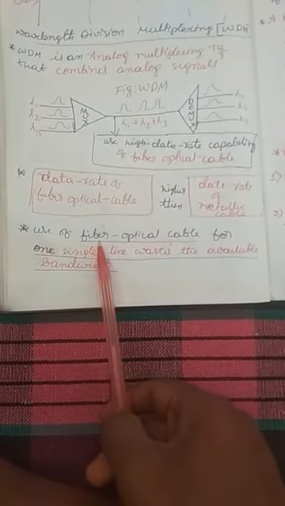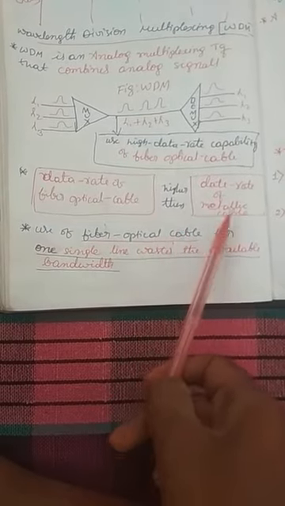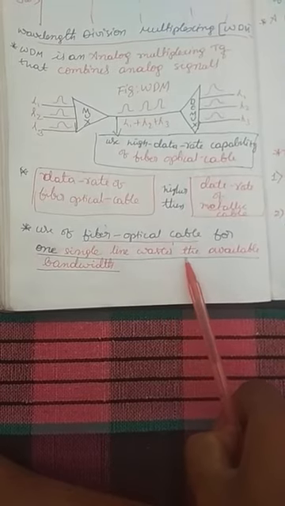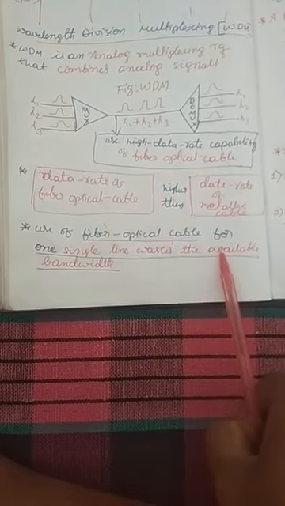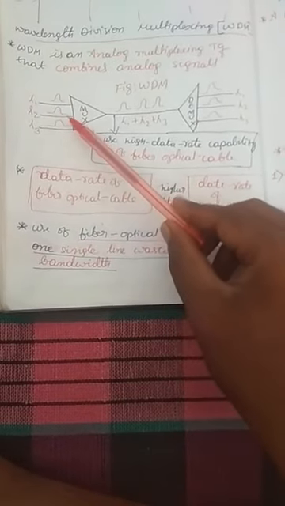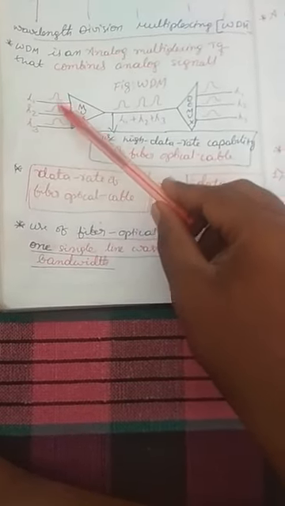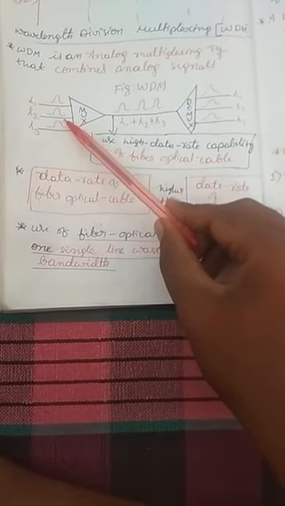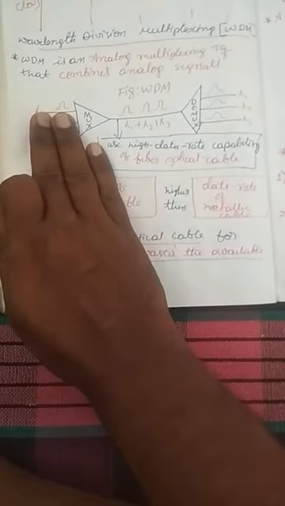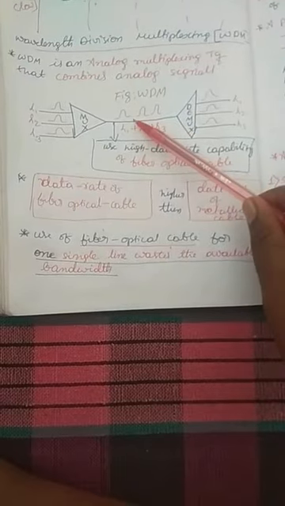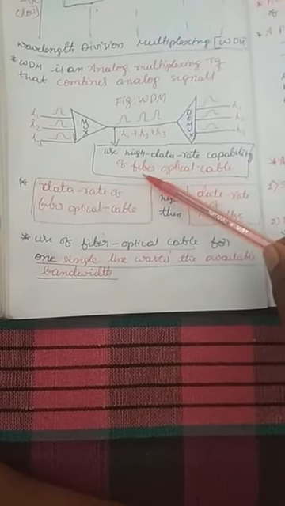And use of fiber optical cable for a single line means a wastage of the available bandwidth. Here you can see that 1, 2, 3 input signals are there. Suppose we used only one input line, then the bandwidth in the fiber optical cable is largely unused.